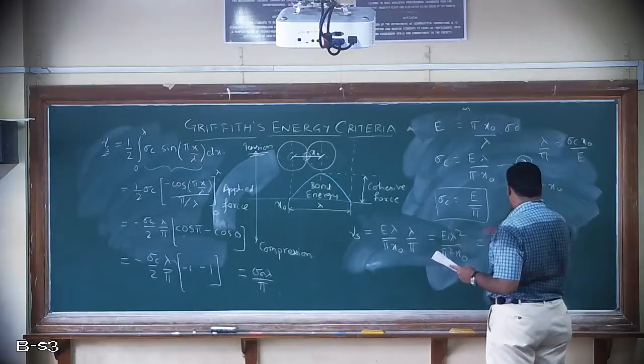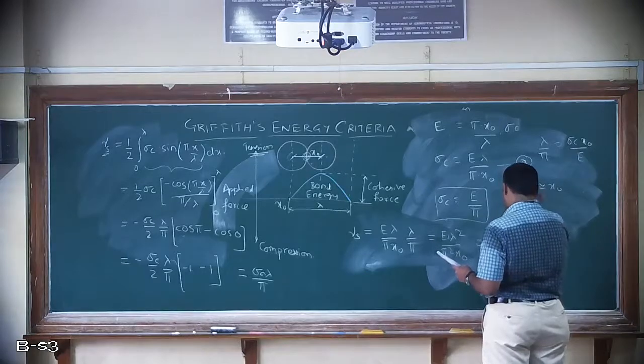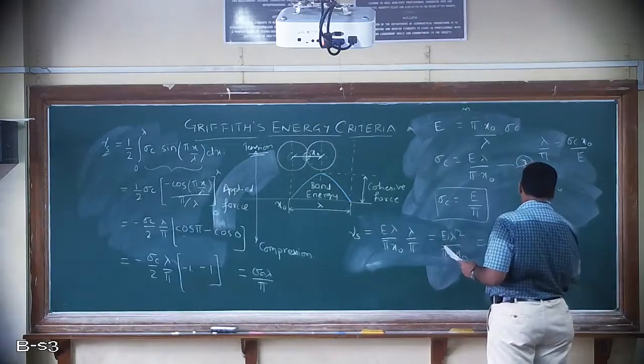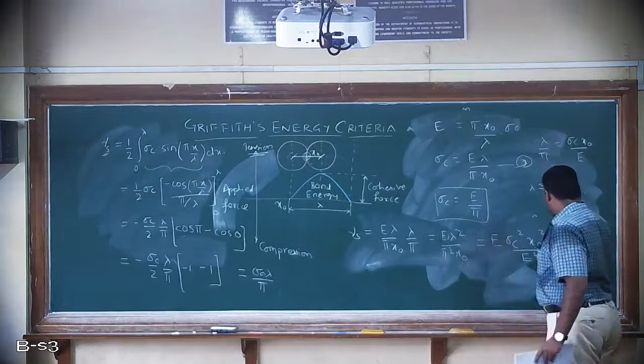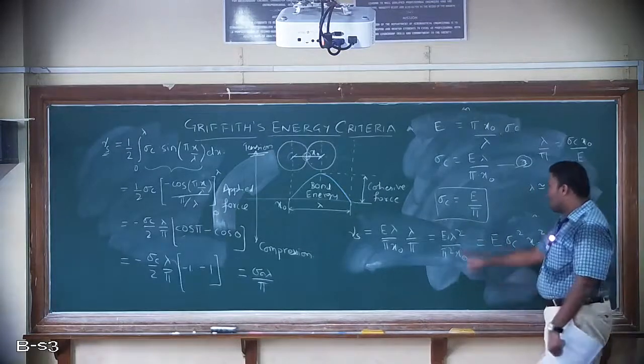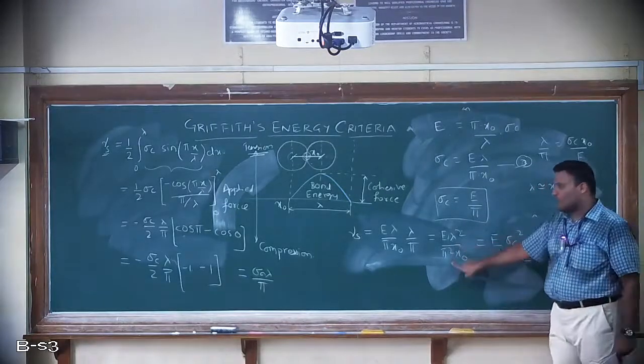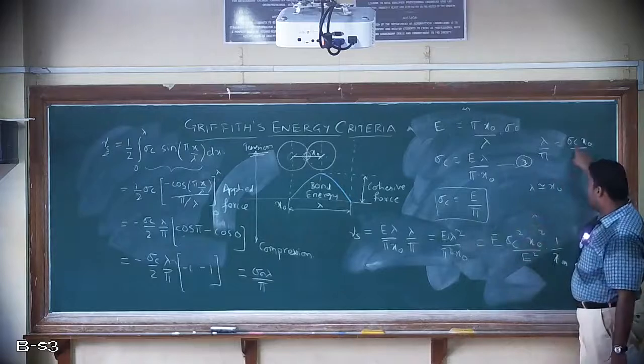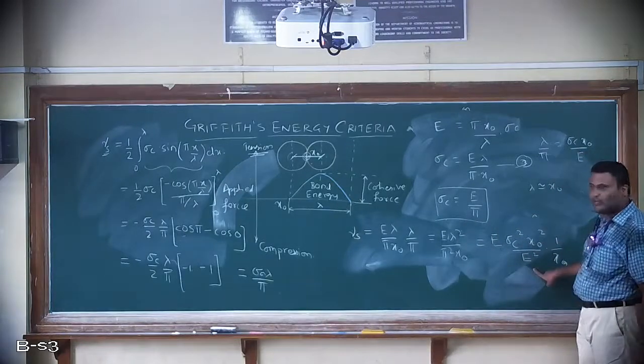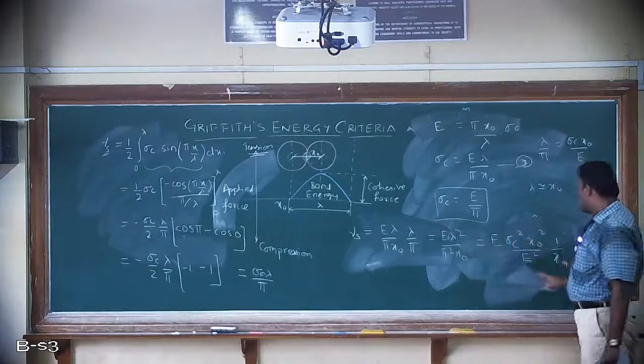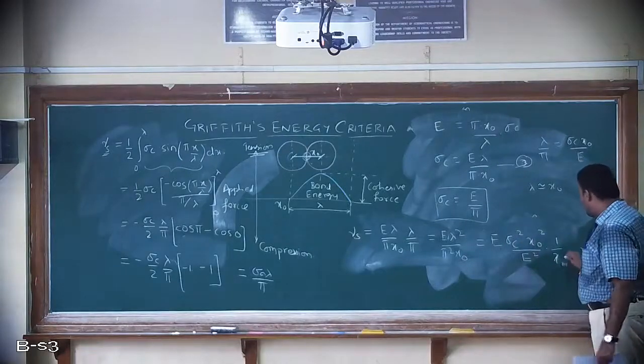Okay. So into 1 by x naught. So did you get this? So what I did here, E I kept as it is, lambda square by pi square, I substituted sigma c square x naught square by E square, into this x naught remains as it is, so 1 by x naught. So this is x naught.